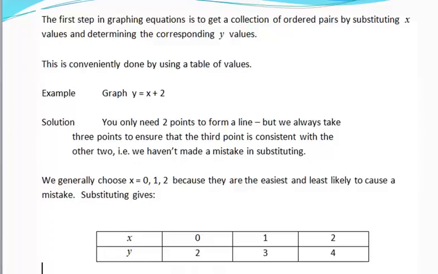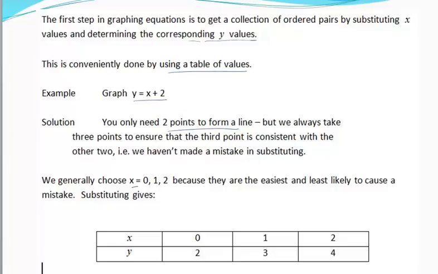The first step in graphing equations is to get a collection of ordered pairs by substituting our x values and determining our corresponding y values. We can conveniently do this by using a table of values. To graph y is equal to x plus 2, we only need 2 points to form a line, but we always take 3 points to ensure that the third point is consistent with the other two and we haven't made any mistakes in our substitution.